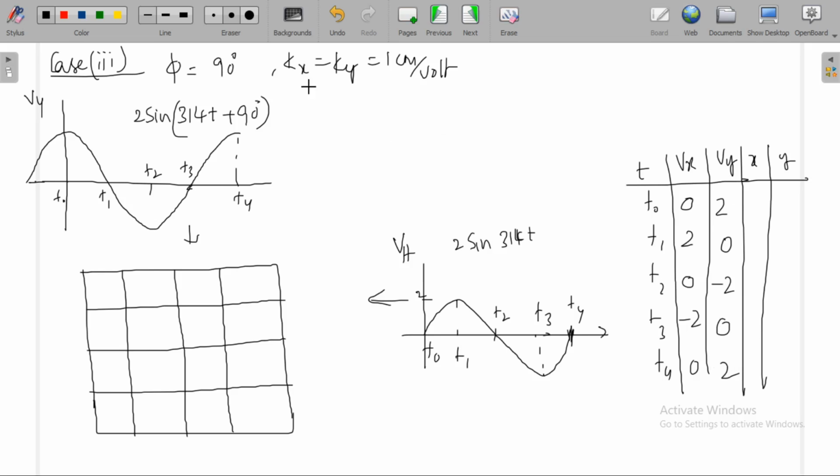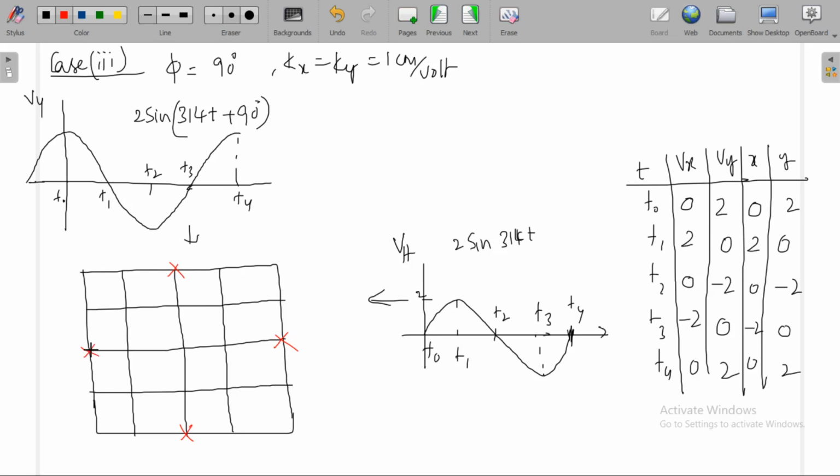Anyhow x is equal to this multiplied by this, then you are going to get 2, 0, minus 2, 0, 2. Similarly y will be 2, 0, minus 2, 0, 2. X comma y is 0 comma 2. Then you're going to get a point over here. X comma y will be 2 comma 0, 0 comma minus 2, minus 2 comma 0, again 0 comma 2.